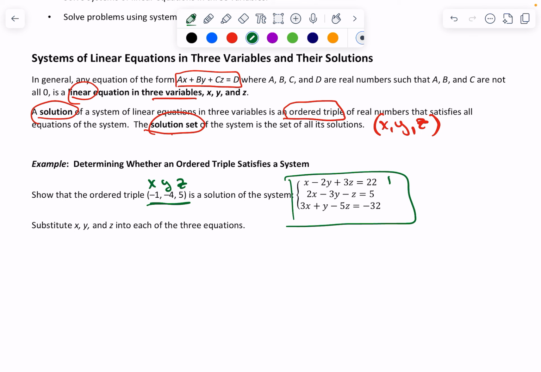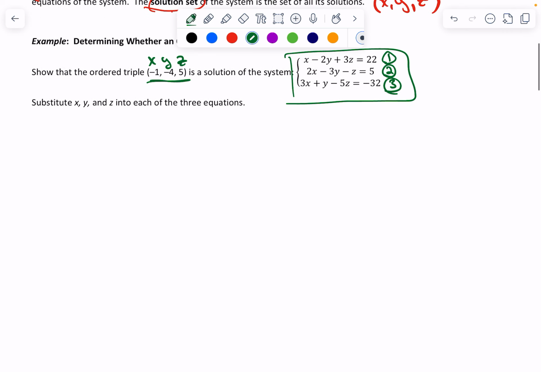Every single time we've got three variables, we should have three equations as well in order to actually solve for an ordered triple. We'll look at some that we might not have. But we need to use all three equations to make sure that this ordered triple is a solution of the system.